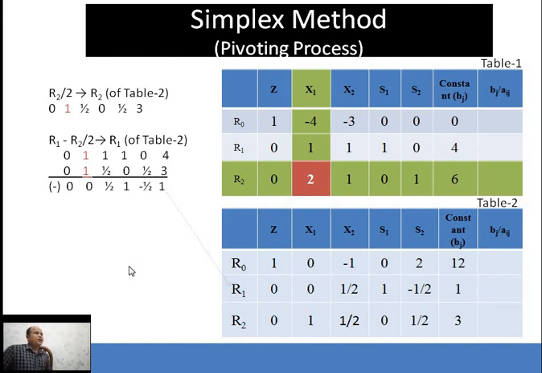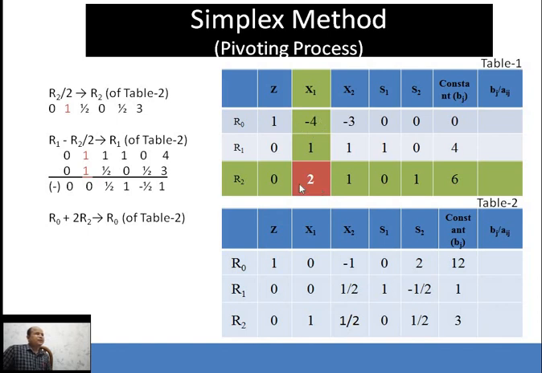Now see how row 0 can be converted. How can this value, minus 4 of row 0, be converted into 0 by taking this row 2? See, this is the minus 4. Here we have 2.